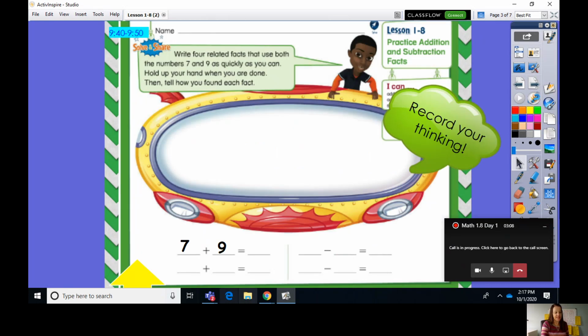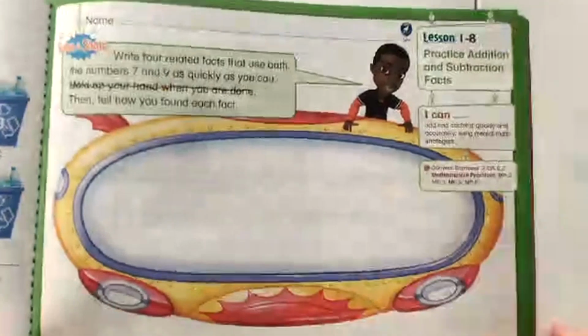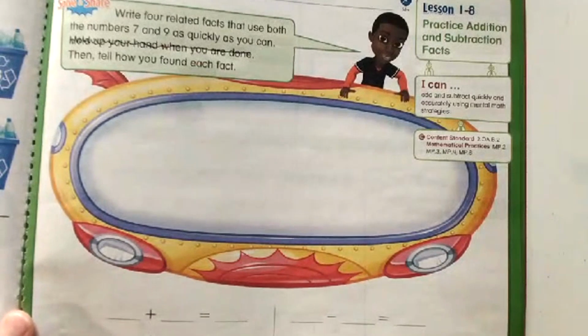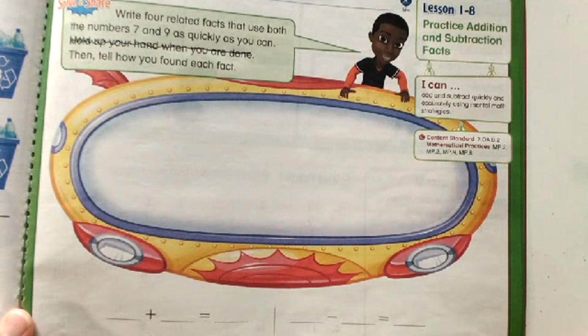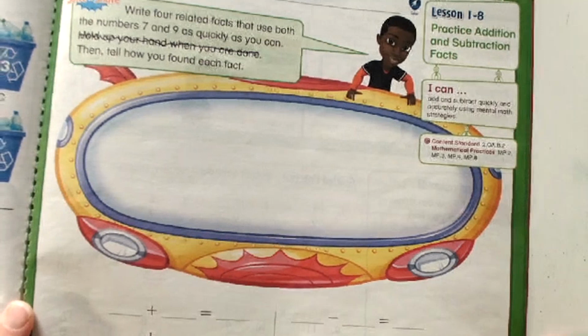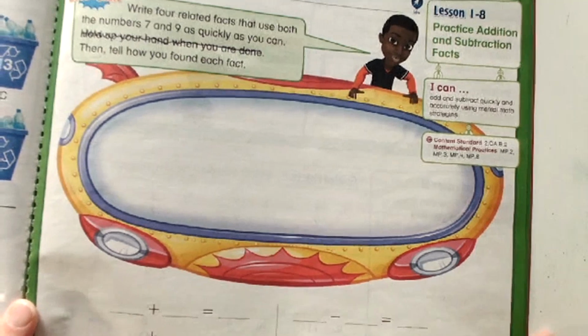So we need to go to our solve and share, which is on page 47. Page 47. Let's look here. Okay. Write 4 related facts that use both the numbers 7 and 9 as quickly as you can.